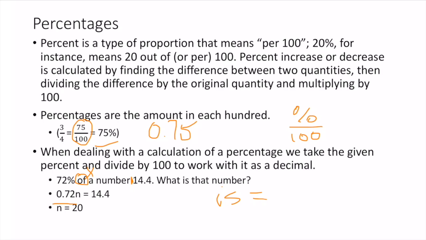So this line right here, this is 72%. First I turned it into a decimal, and then I multiplied it by n. In this case, n is just a variable, and is means equals 14.4. So I would divide both sides by 0.72. So 14.4 divided by 0.72 is just 20.